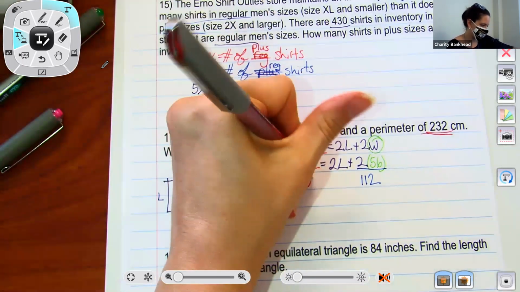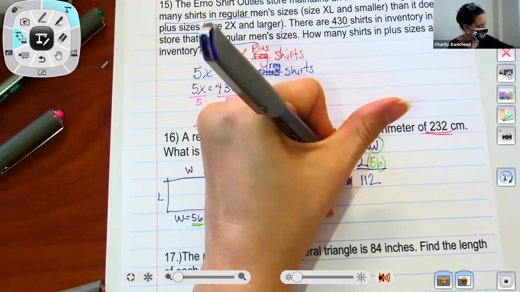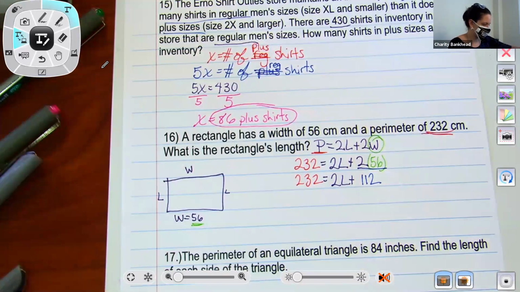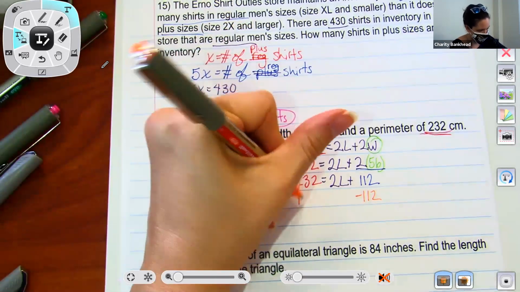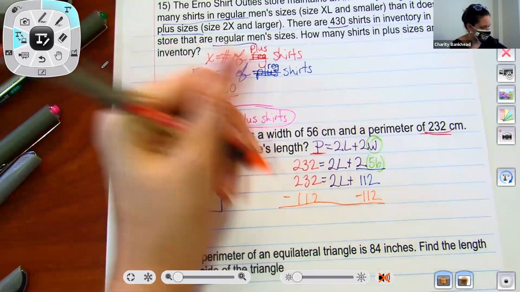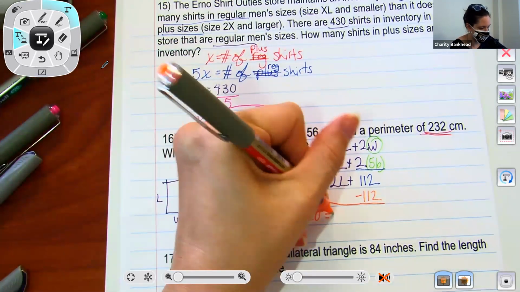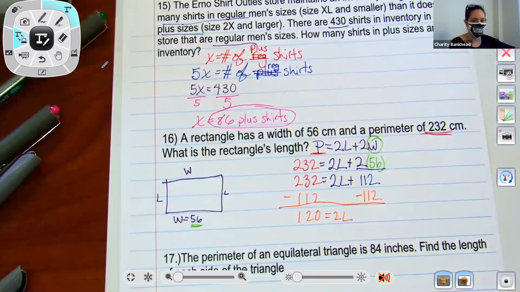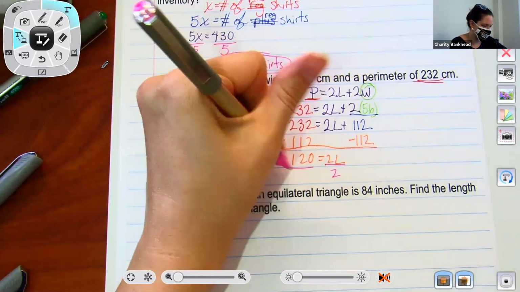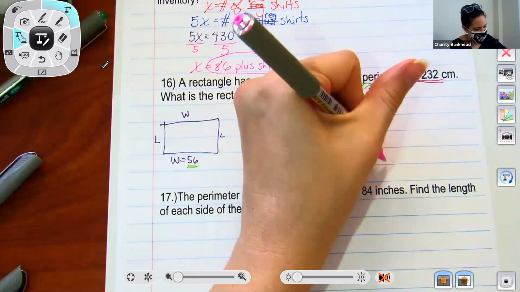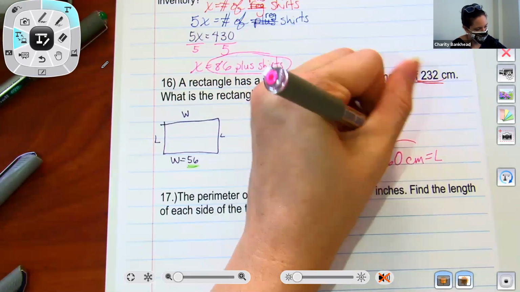So 232 equals 2L plus 112. And then let's just subtract 112 from both sides. So 120 equals 2L. And then just divide both sides by 2. So that gives me 60 centimeters is equal to the length.